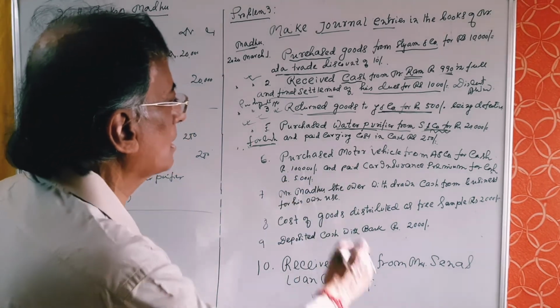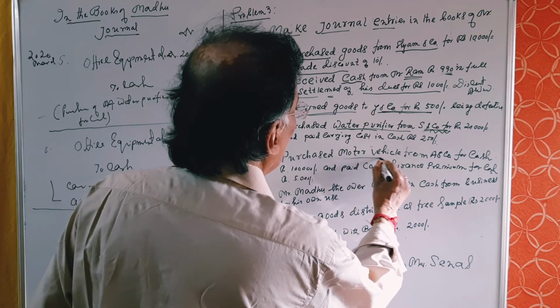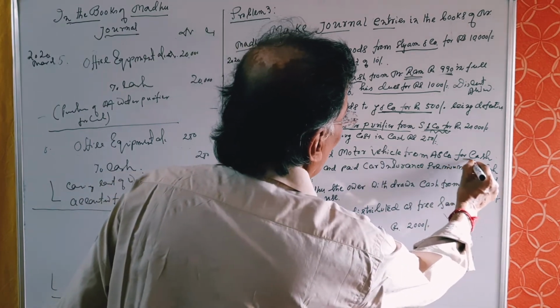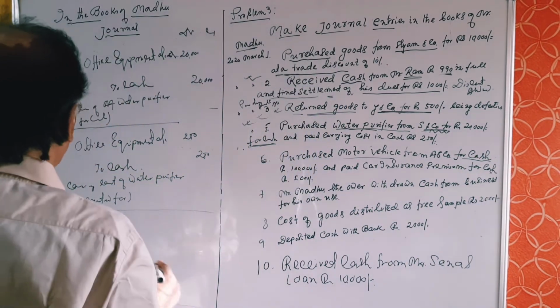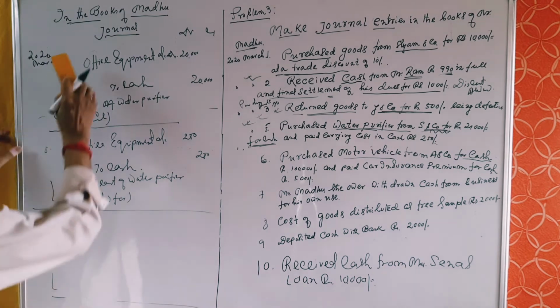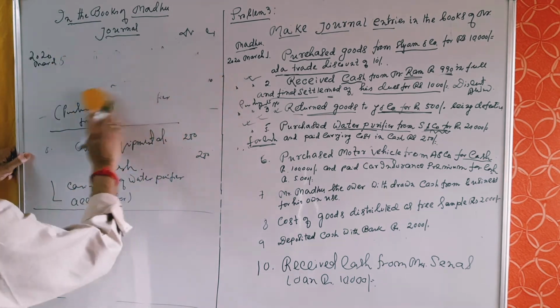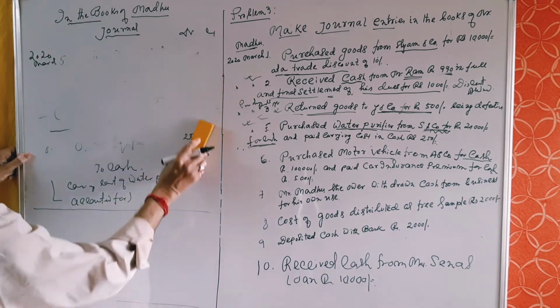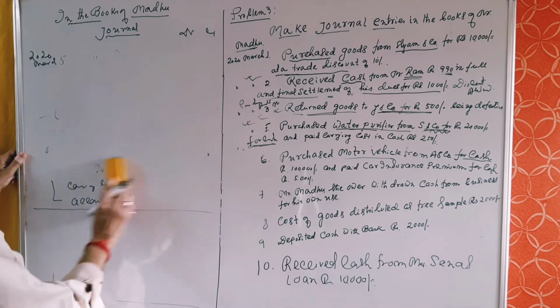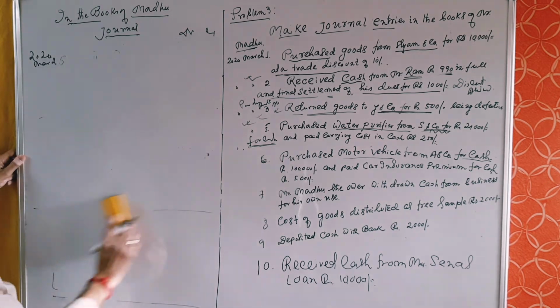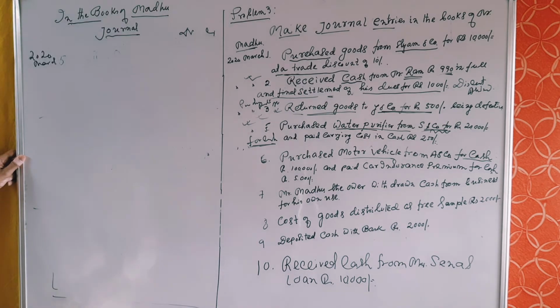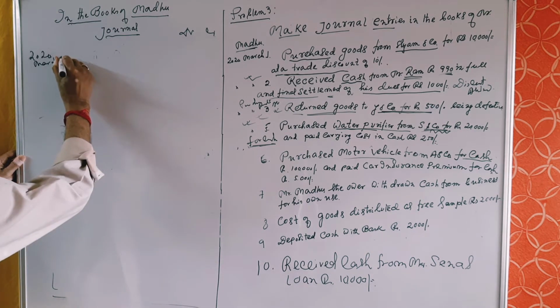So what are the two accounts involved in this transaction? One is motor vehicle, another one is cash. So transaction dated 6 March.